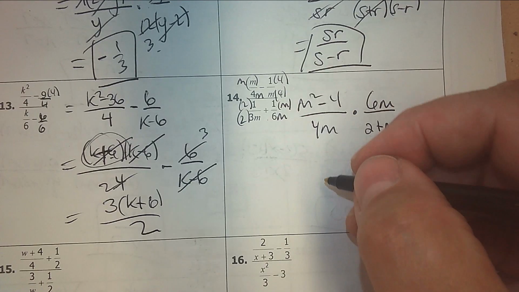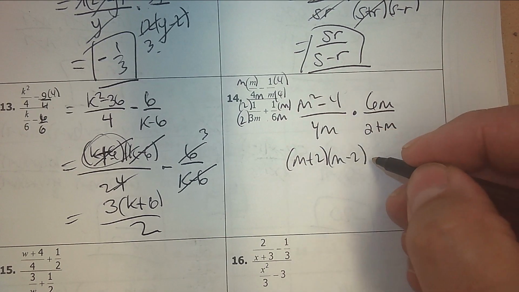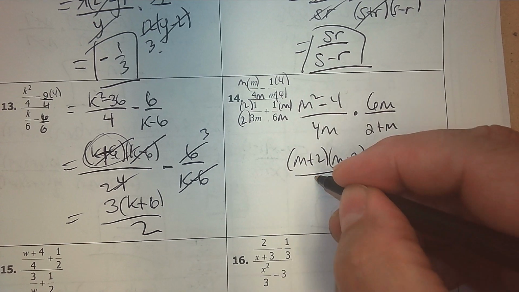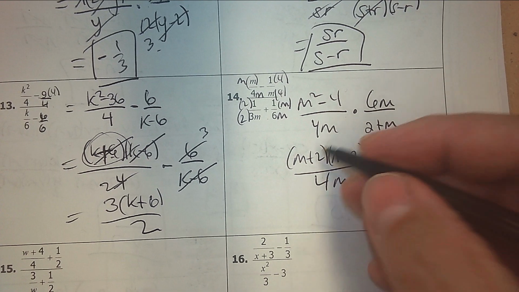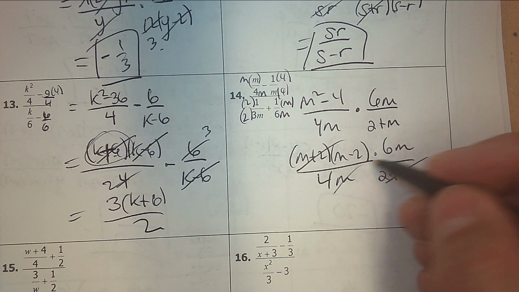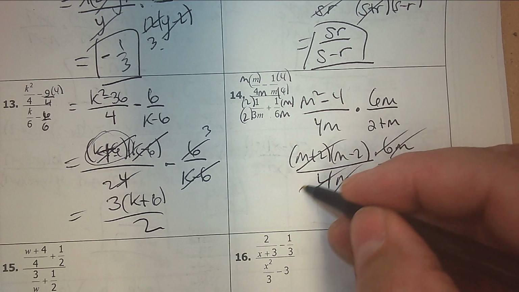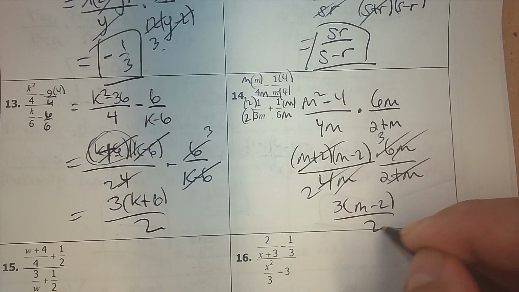Do the difference of squares. Match. So m plus 2 and 2 plus m are not opposites. They're exactly the same. M's cross out. 4 and 6, 2 goes into both of them. So I'm left with 3 times m subtract 2 over 2.